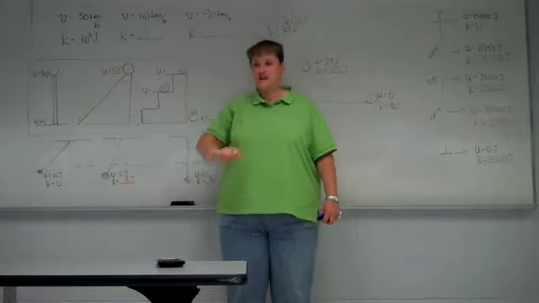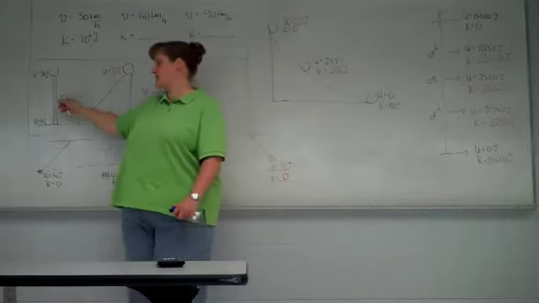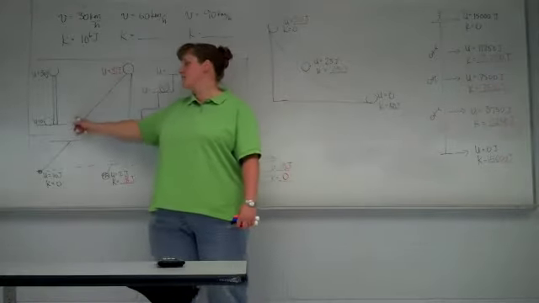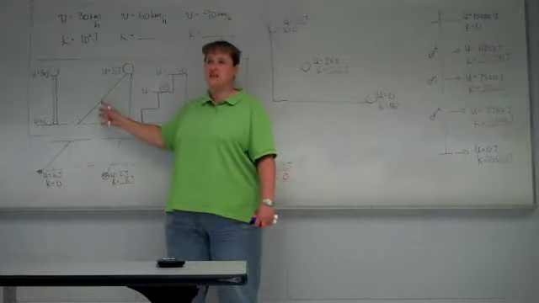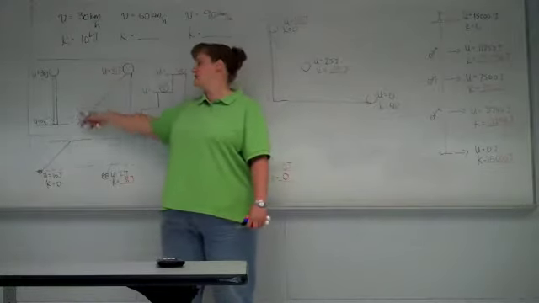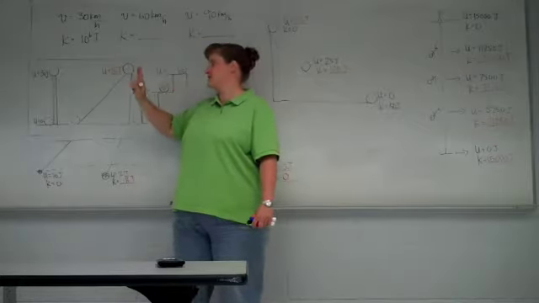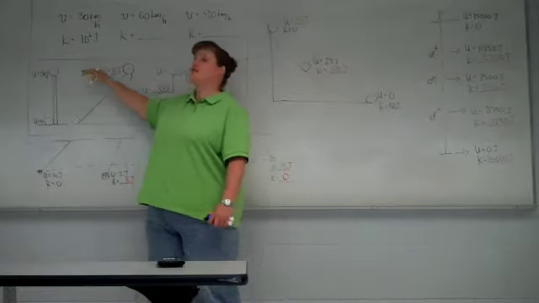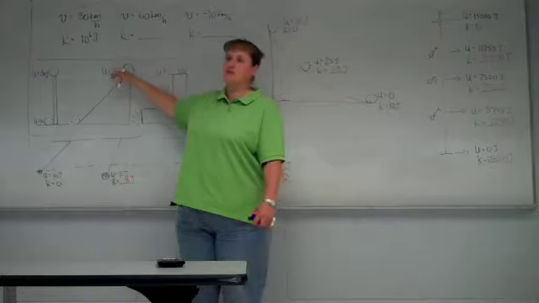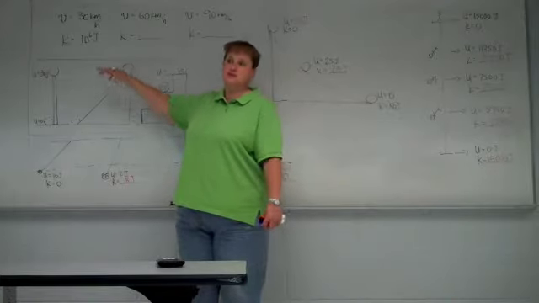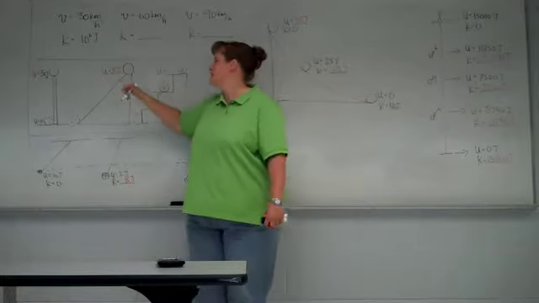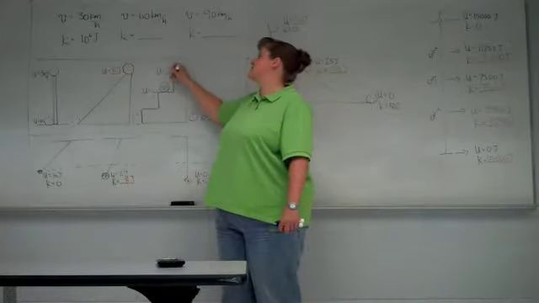So whether the ball falls straight down to the ground or rolls down to the ground, if they're at the same height, regardless of where they start, they're going to have the same energy. Assuming it's the same ball, same mass. So this one will have 30 joules as well.